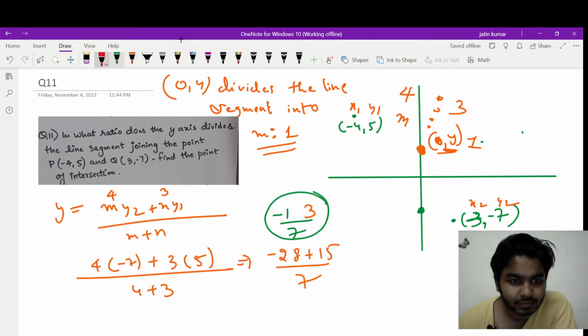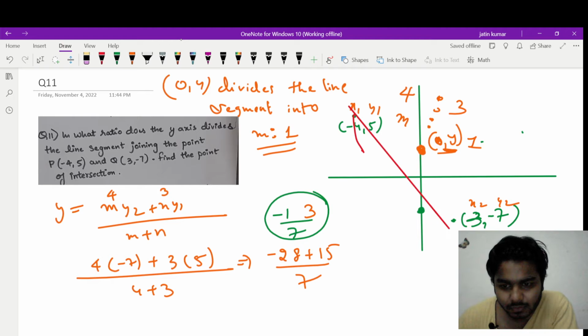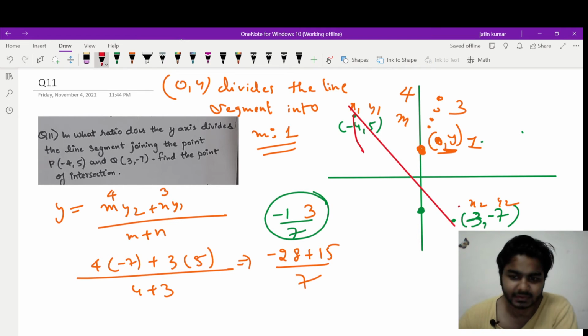So this line will cut the y-axis at the lower end. So we have got (0, -13/7).